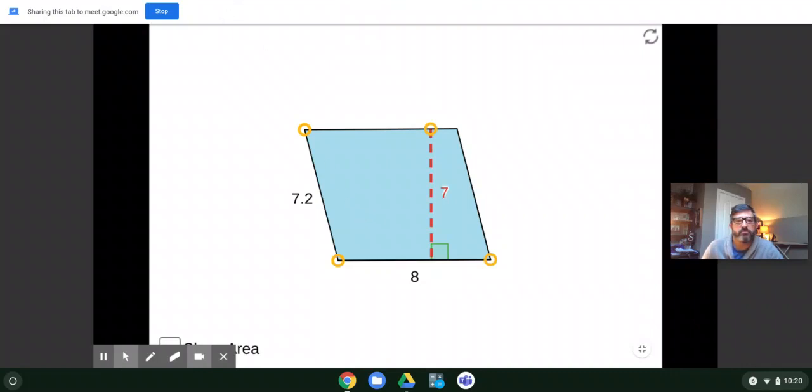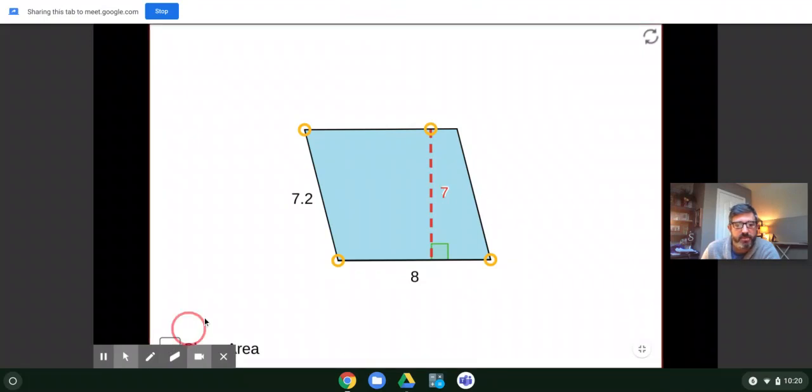Okay, 8 times 7 is 56. That's right. So our base times our height. Our base is 8, our height is 7, so base times height is 8 times 7, and the area is 56.